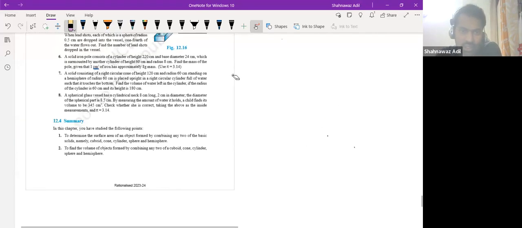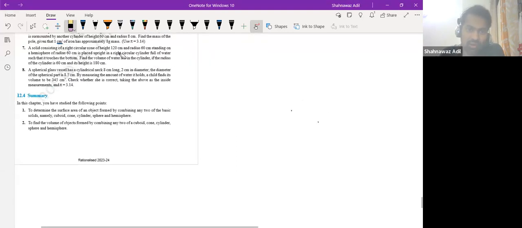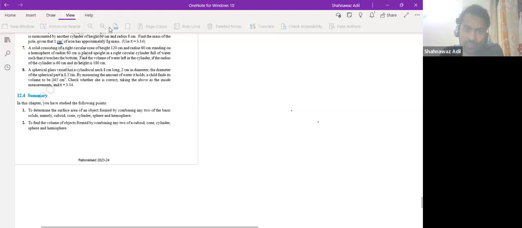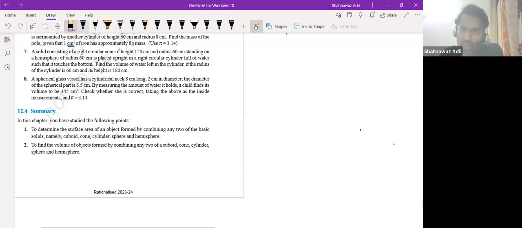Okay, so the seventh one. A solid consisting of a right circular cone of height 120 centimeters. We have a right circular cone, which means this is a right angle.